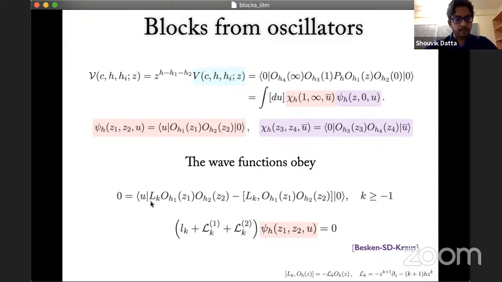So this Virasoro generator acts on this U variable, so one can use the oscillator realization for this. Whereas this Virasoro generator acts on these primary operators, and one can use the standard commutation relation of a Virasoro generator with a primary operator, which is this.